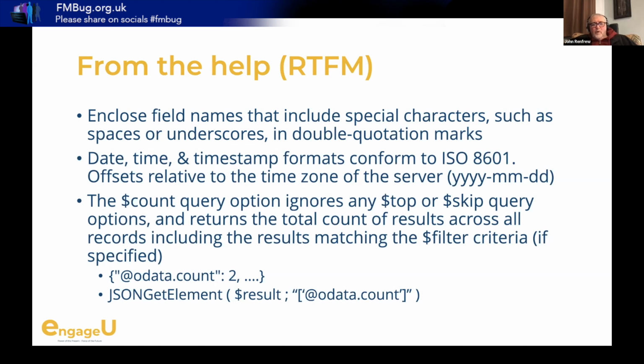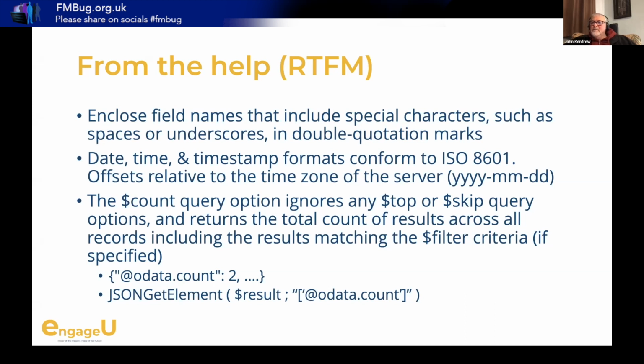But the other interesting one is the $count. So you can get back a count of the number of records that match your query. That is the count before you have used either top or skip to reduce the number. So count is how many records match this query. That's the portal view of this.